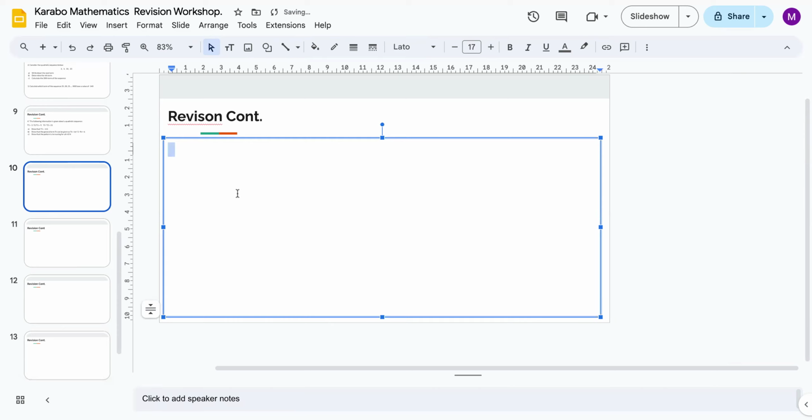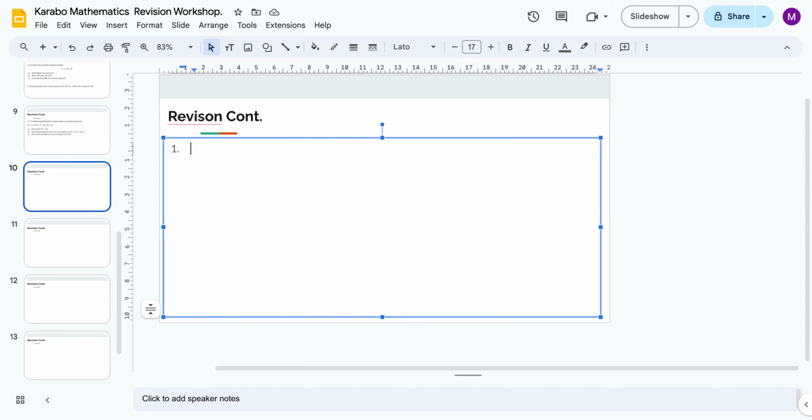So this was question 1. They gave me the sequence 7, 12, 17, and 22. And the first question was to determine the value of the 91st term. Now, we can't determine the value of the 91st term without determining the nth general term, so the formula for the sequence.